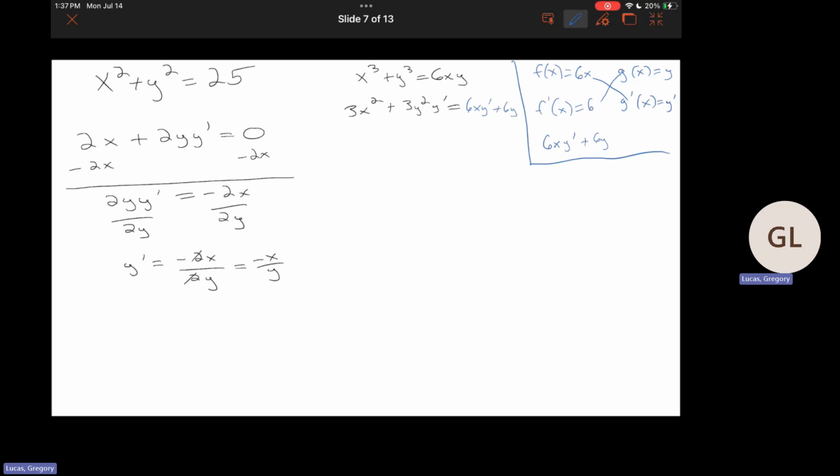And now this is where I want to isolate the y prime. It doesn't matter which way you move it, as long as y primes are on one side, and on the other side is everything without y prime. So let's move over the 3x squared term.